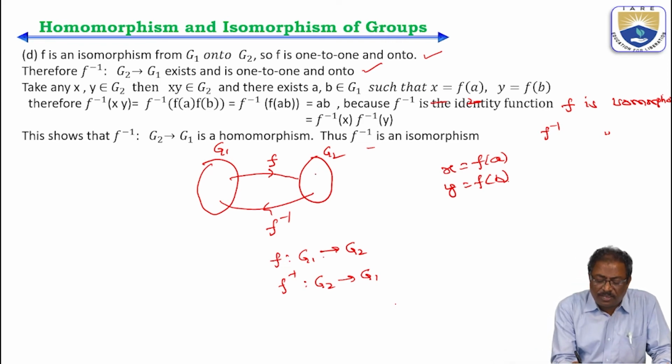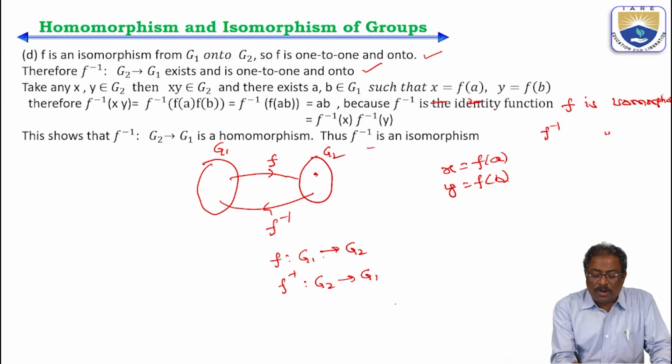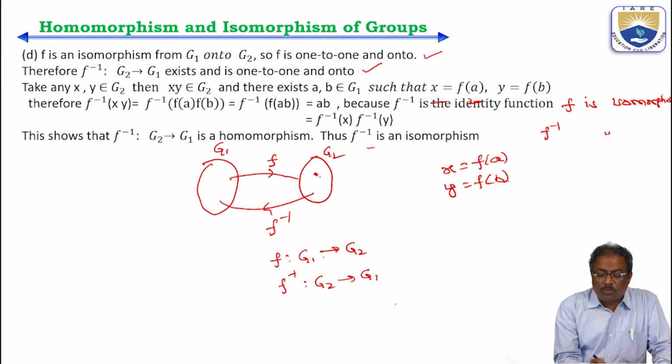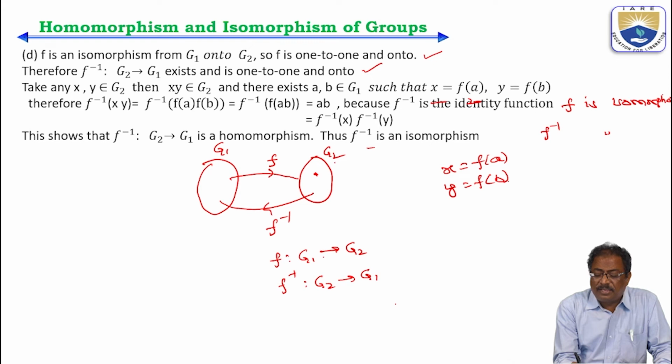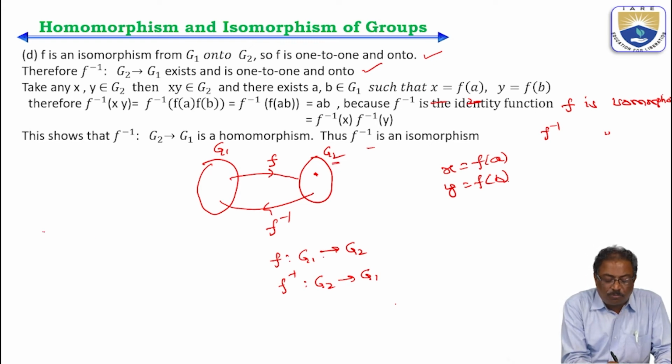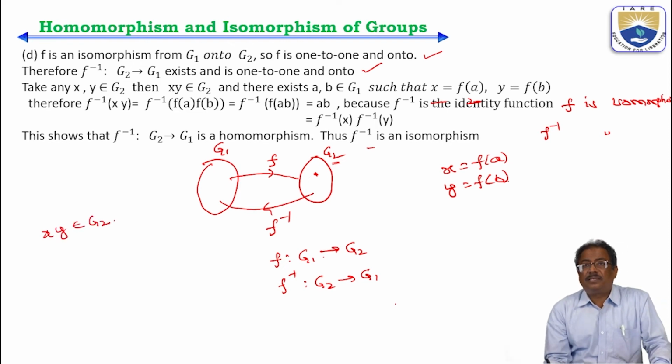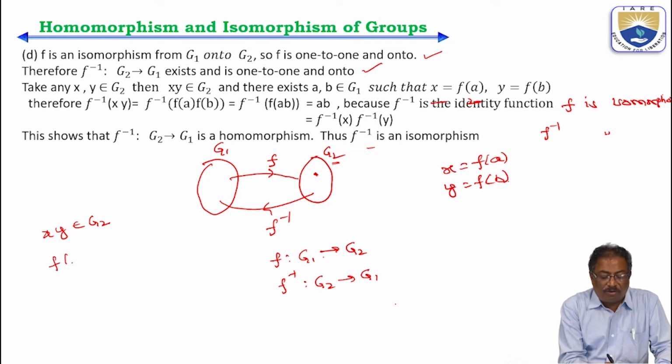So I have to select any values here. Let us take X belongs to G2 and Y belongs to G2. So XY also belongs to G2, because the function is defined from G2 to G1. So F inverse of XY.